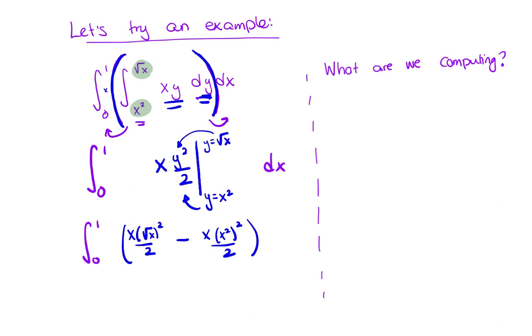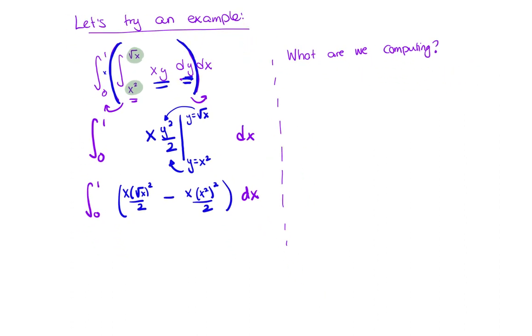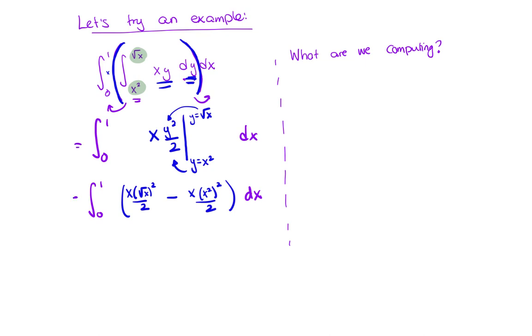And then that's the function I need to integrate with respect to x. So before we do that x integral, let's simplify that down a little bit. Root x squared is just x, times that extra x becomes x squared over 2, minus x squared squared is x to the 4th, times the extra x is x to the 5th. That one was also over 2.